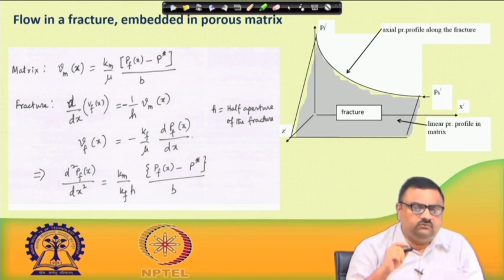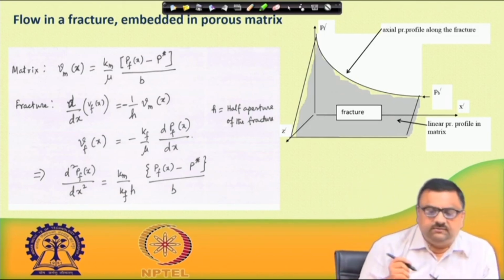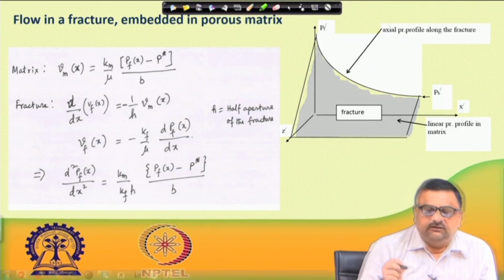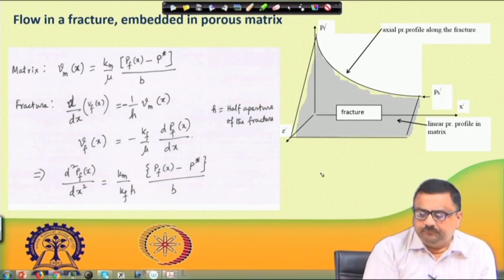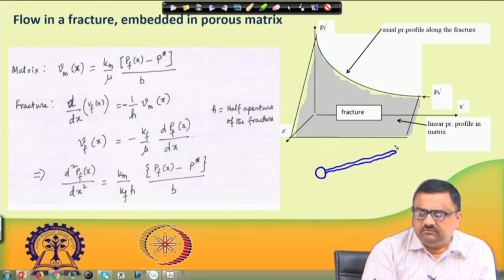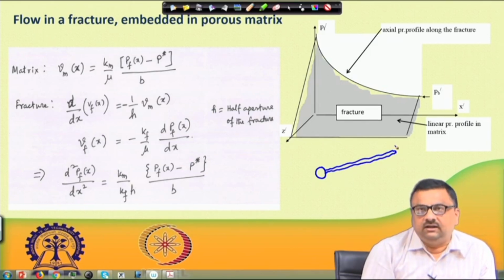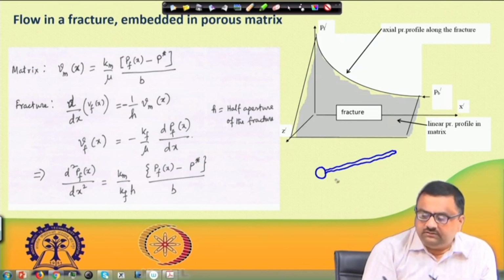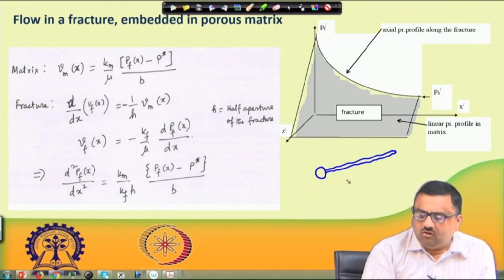If this is the well, from the well there could be a fracture running, a crack running, either this, or it could be that there are multiple small fractures that somehow got connected.